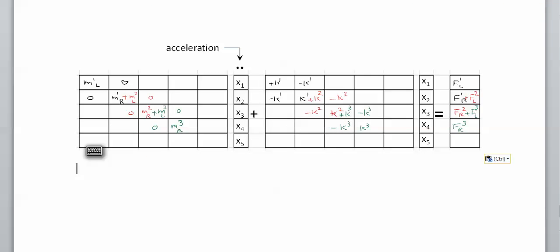Okay, so it's going to be, put it in the right spot. Plus ML 4, 0, 0, MR 4, plus K4, minus K4, minus K4, K4, plus FL from 4, and FR from 4. I'm going to stop the segment here and start from this point on and see what needs to be done. Let's stop.